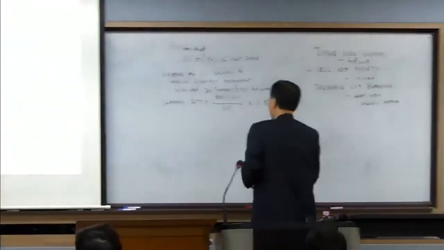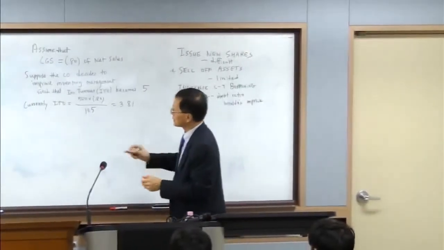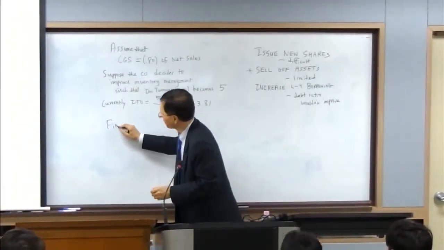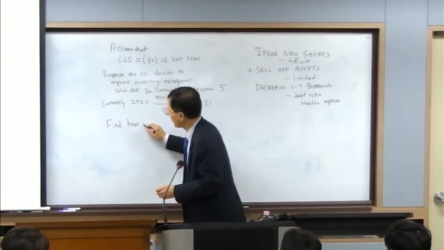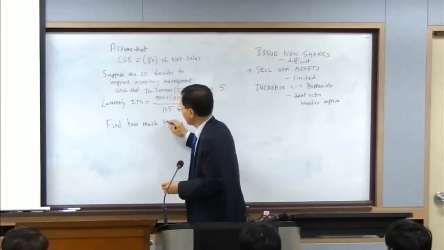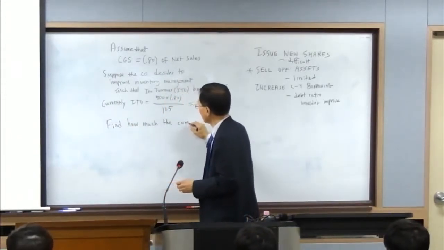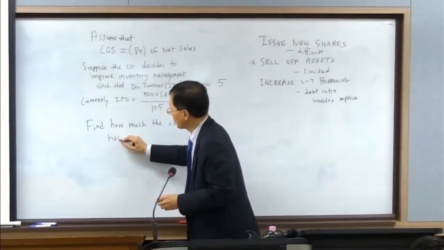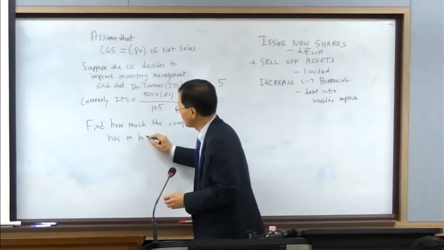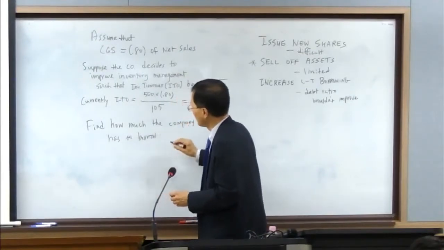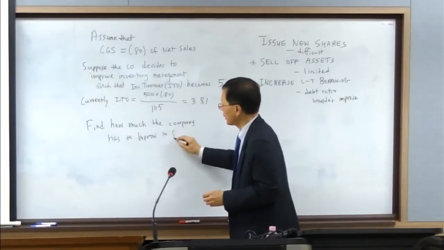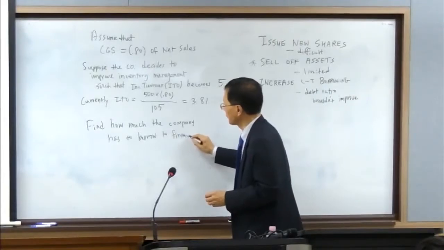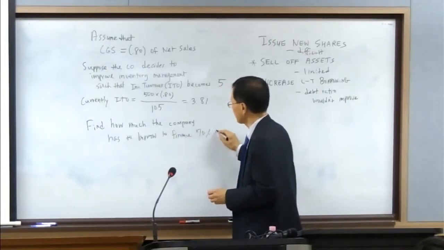Now, what I'm asking is find how much the company has to borrow to finance 70% growth.